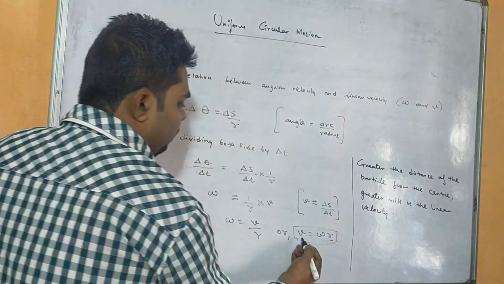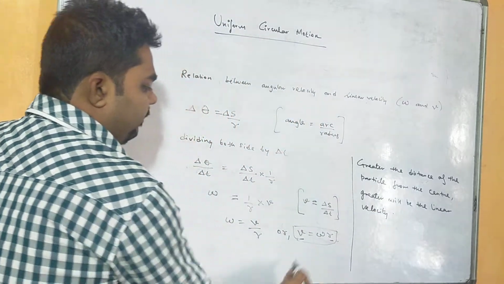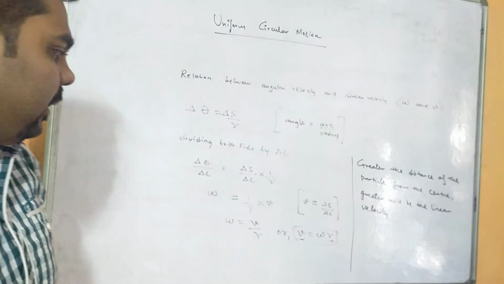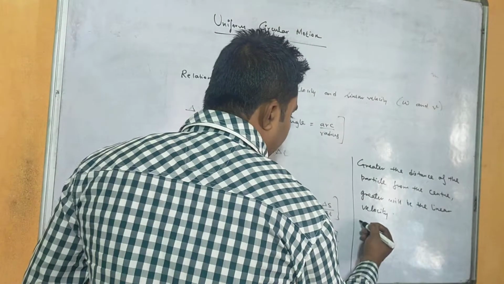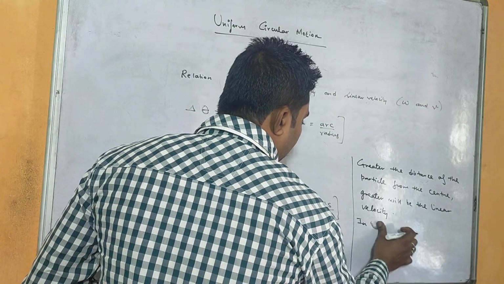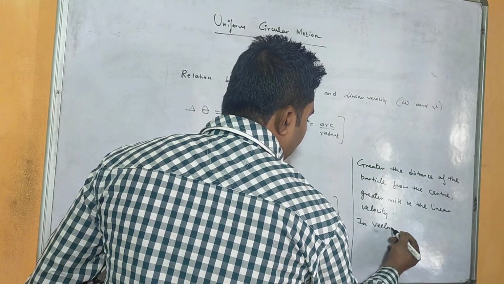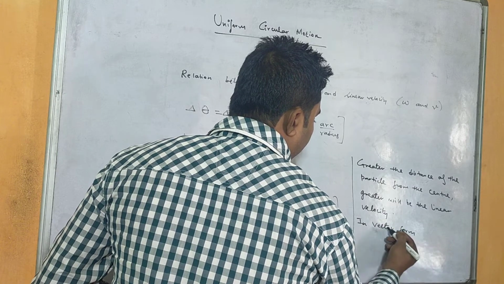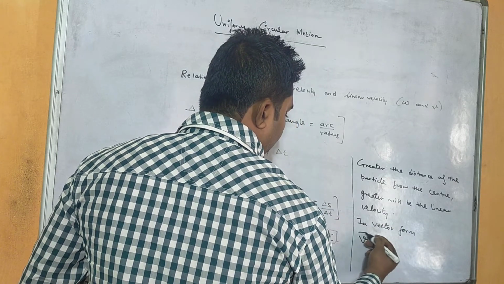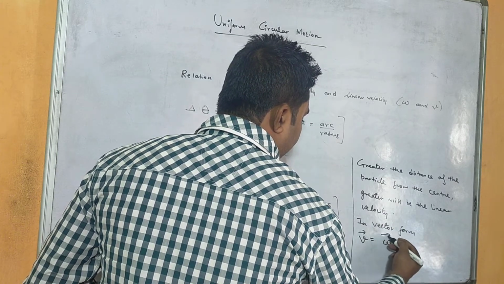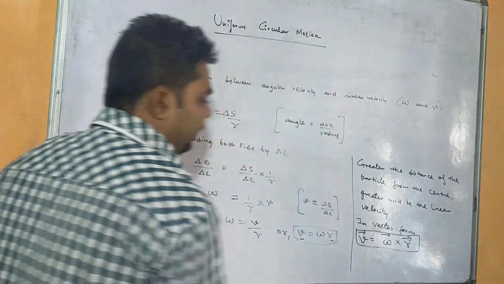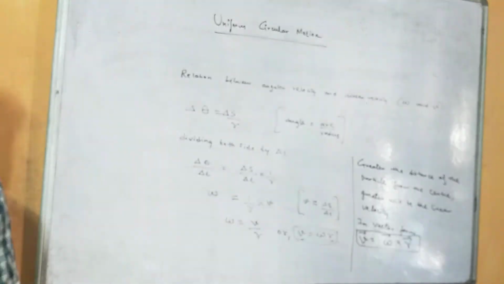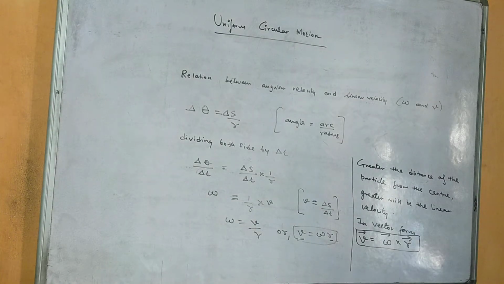That means if r is greater, v will definitely be greater, right? Because v equals omega r. Now if you need to write it in vector form, this can be written as r omega. So this is the vector form, right? Omega into r, that is cross product.